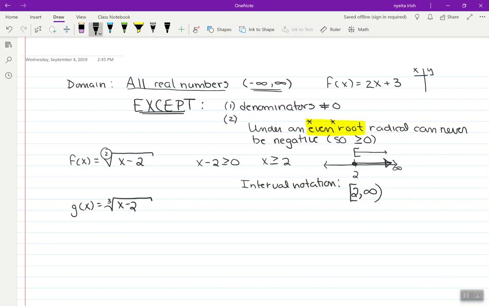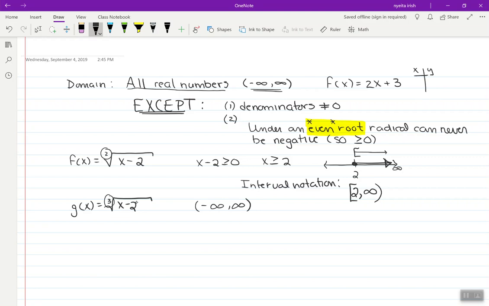So I don't have to worry about exception number 1. Exception number 2, under an even root radical, well, I don't have an even root, I have an odd root. Since I don't have either of those two exceptions, the domain is simply all real numbers, which means I can plug any number I want in for x and it'll come out a real number.